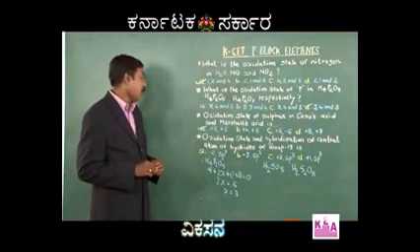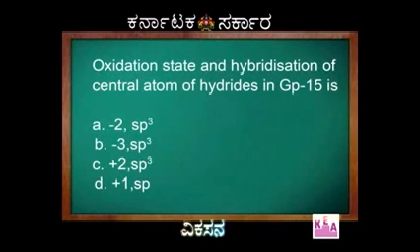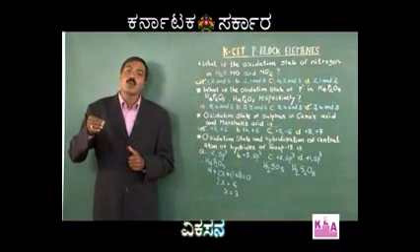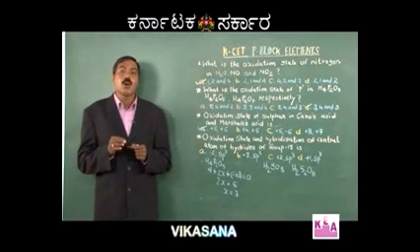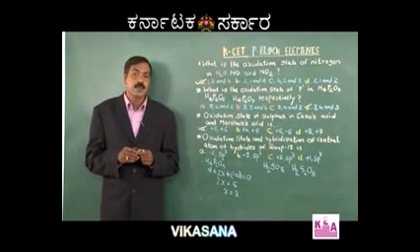Going on to the next one, oxidation state and hybridization of the central atom of hydrides of group 15. You all are aware what group 15 is. Group 15 is the nitrogen family. Nitrogen family is also known as pnictogens, understandably that they are all pungent in odor.